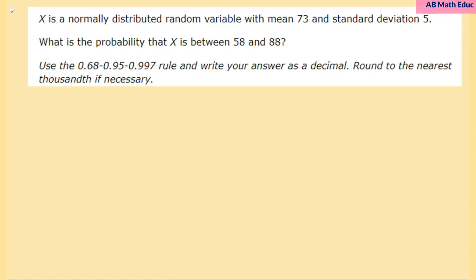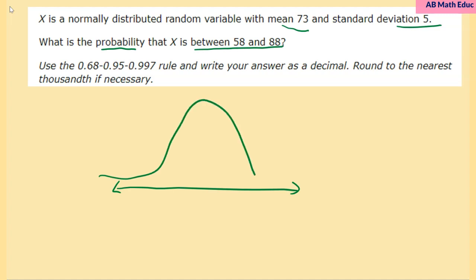So here it is normally distributed with a mean of 73 and a standard deviation of 5. They want us to find the probability. The normal distribution curve can help us do that. You put your mean at the center, which is 73. Then you draw your first, second, and third, and so forth on the other side.